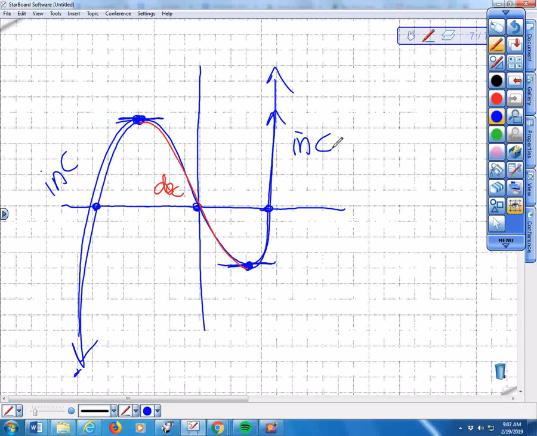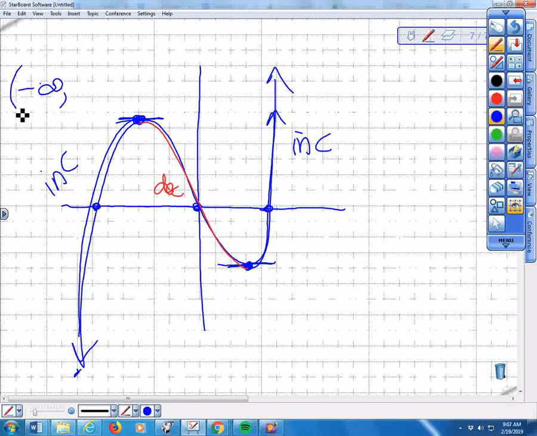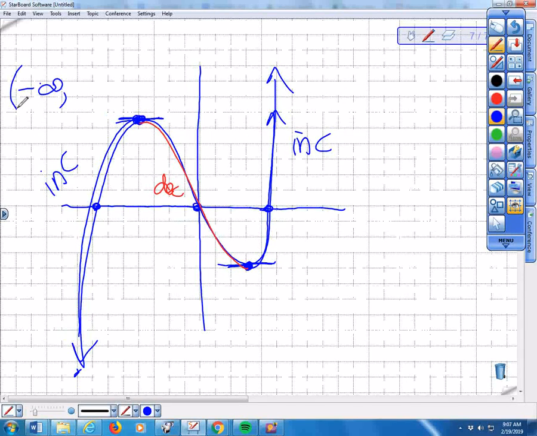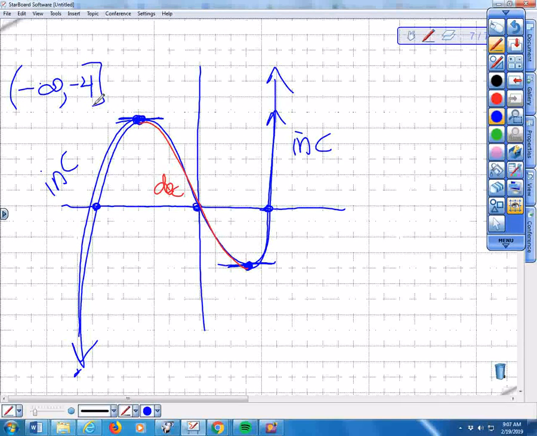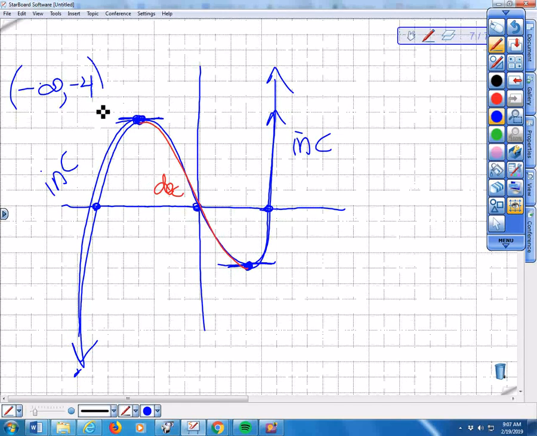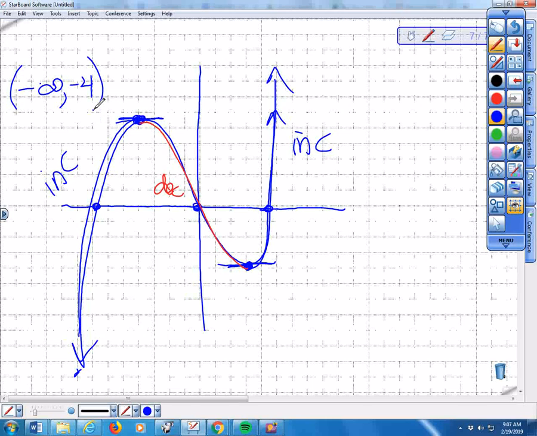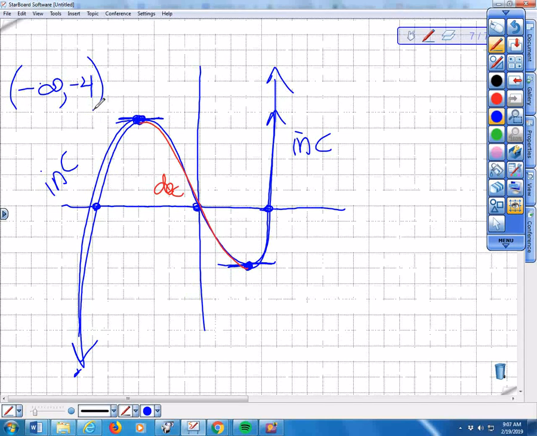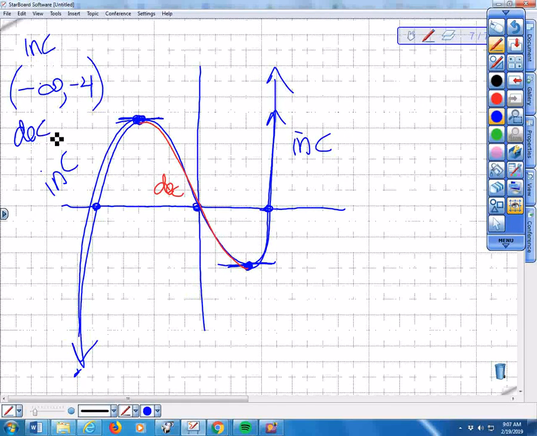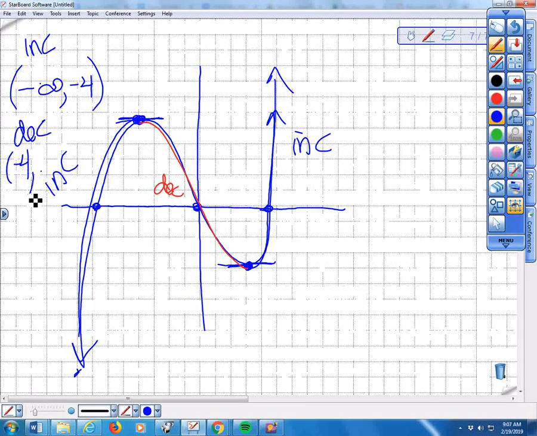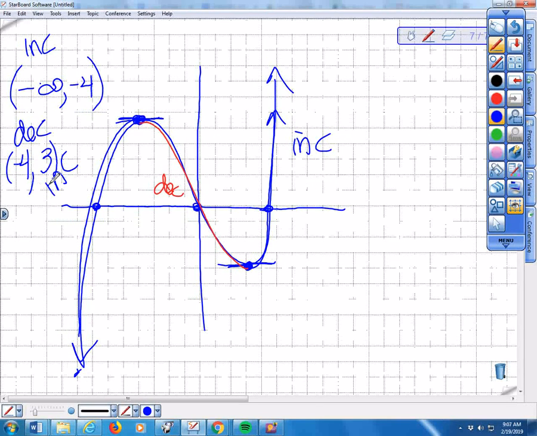So I would write where it's increasing from negative infinity to whatever this point is, 1, 2, 3, 4. Actually, we don't include 4 because at negative 4, it's just flat. It's increasing up to negative 4, and it's decreasing from negative 4 to 3 on the x, right?